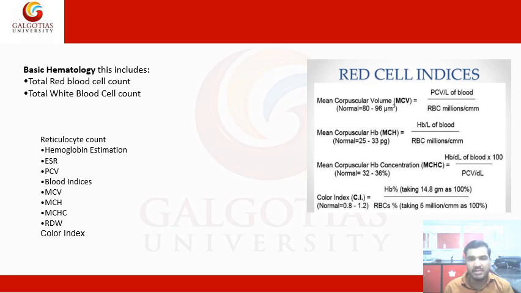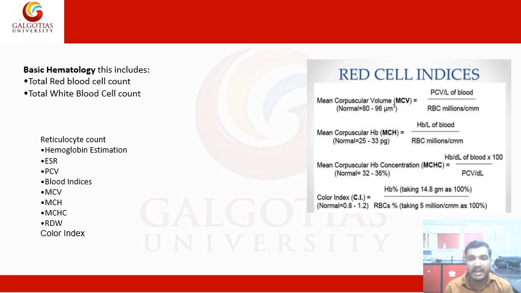Then MCHC, mean corpuscular hemoglobin concentration. The formula is hemoglobin per deciliter of blood multiplied by 100 divided by packed cell volume in deciliters.